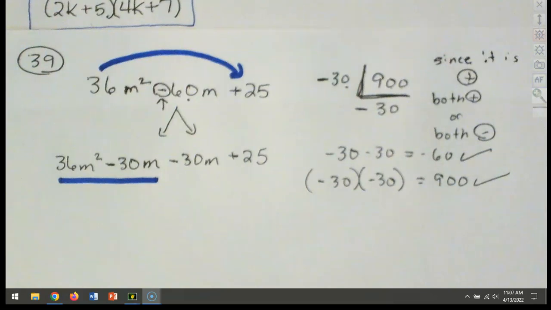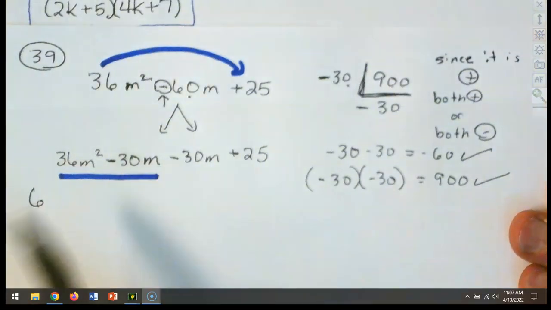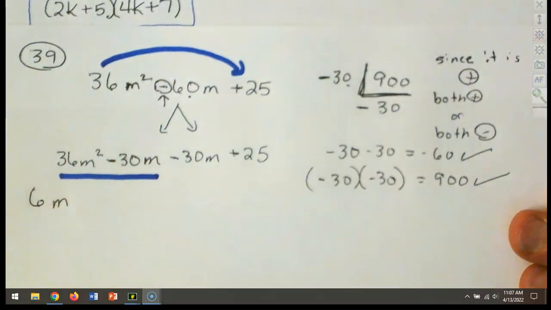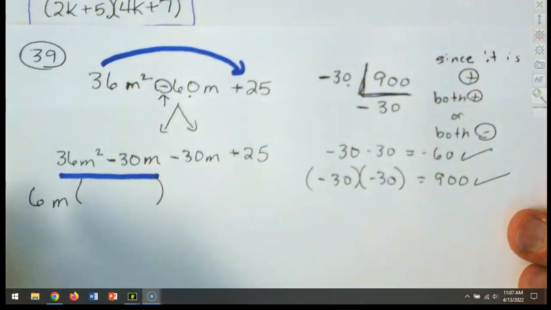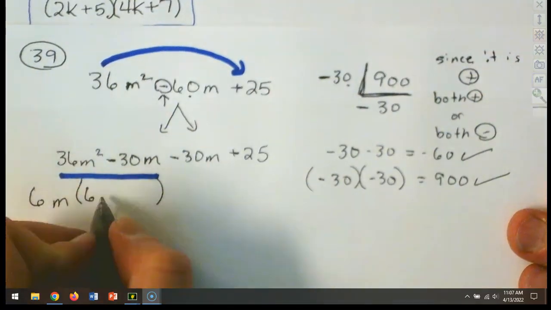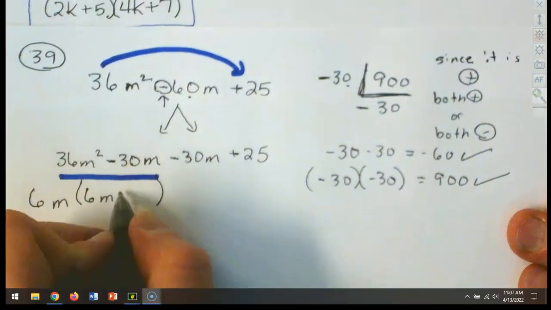You always have to take out the largest number. The largest number that's in common with both of these is going to be a 6. What else do they have in common? They have an m. Now we rewrite. So 36 divided by 6, that makes it a 6m. And negative 30 divided by 6, that makes it a minus 5.